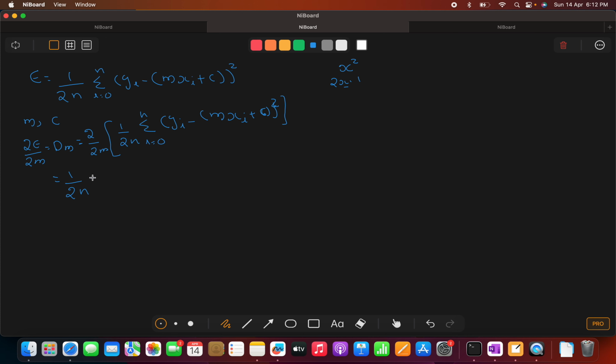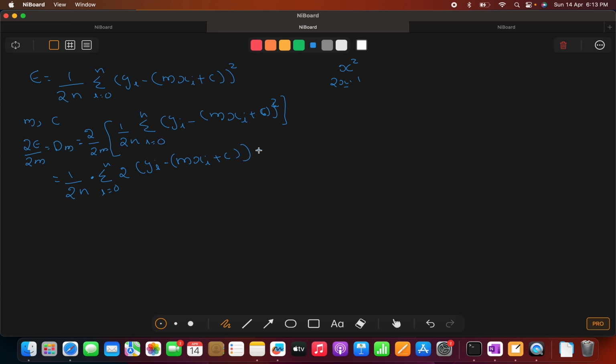So this will be into sigma i is equal to 0 to n. So this will be 2 into the x, which will be yi minus mxi plus c. Okay, now we need to differentiate this function.